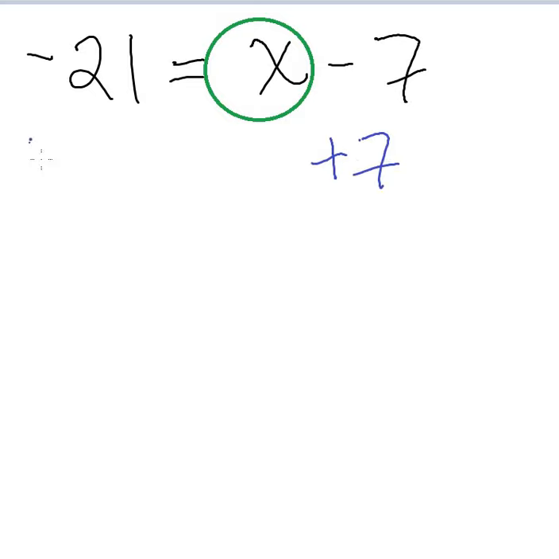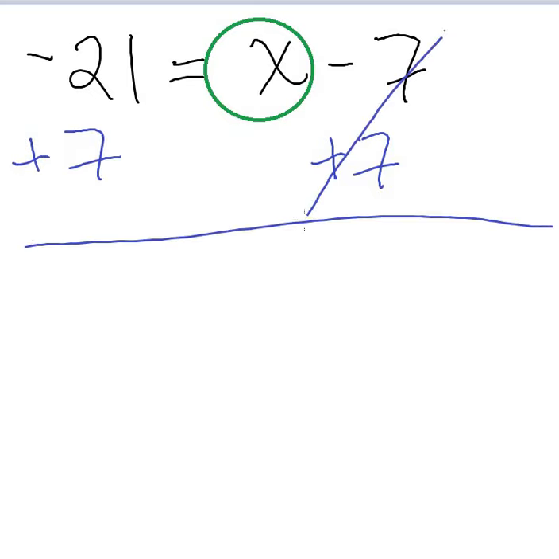And whatever happens on one side, I do on the other, right? This cancels out. I'm left with x equals negative 21 plus 7, which I put in my calculator. And even Mr. Posher has no shame using a calculator. Negative 14.